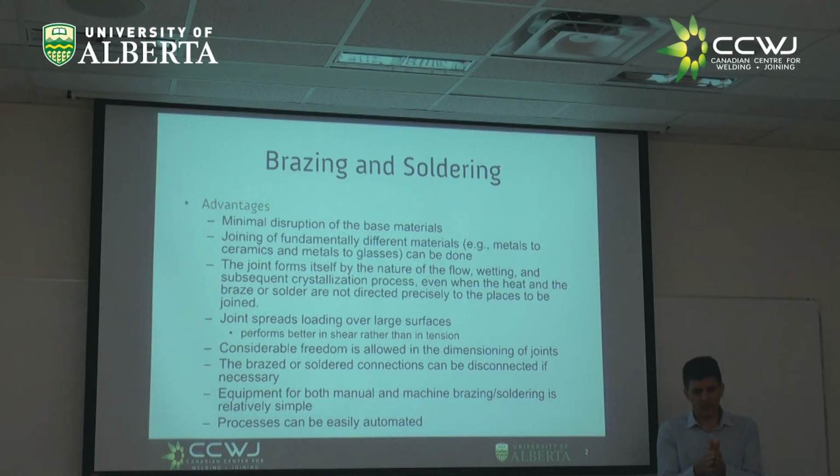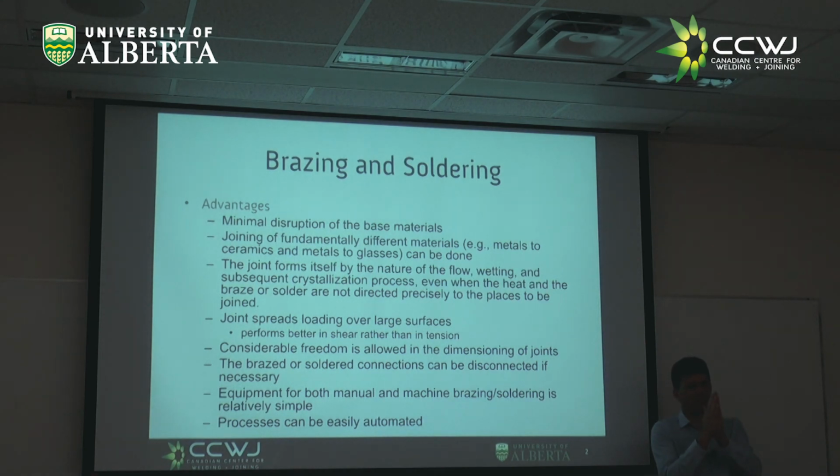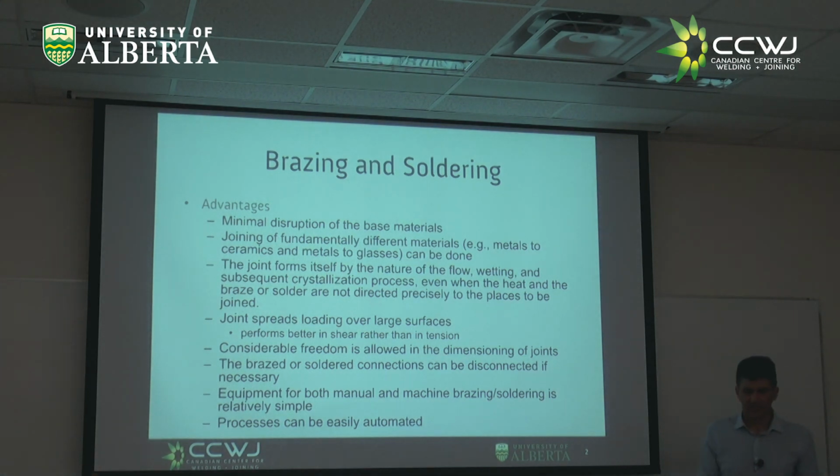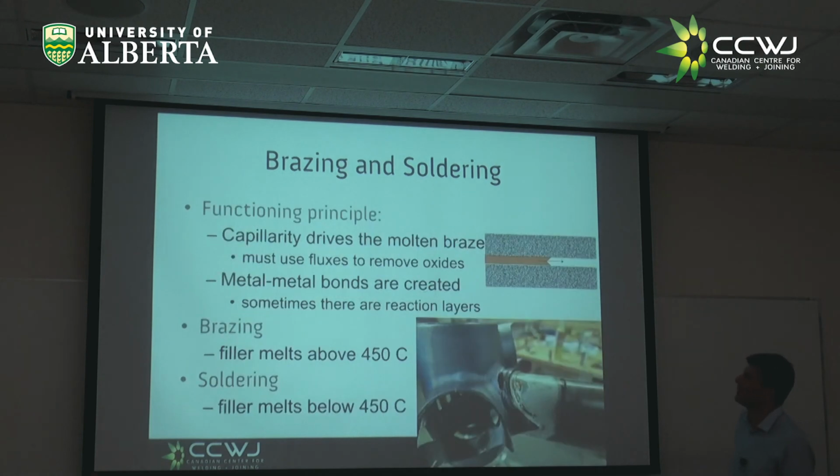So these types of joints perform better in shear, because in shear I can have an enormous amount of area, whereas in tension it is always going to be limited by the strength of the braze, and not the base metal. The equipment for manual or machine brazing is simple. So you can do it by hand, like a plumber, or you can do it automatically, like having systems in which the molten metal comes in place and goes by capillary.